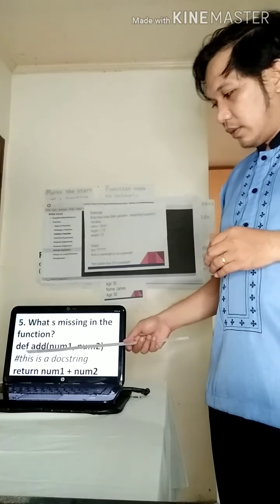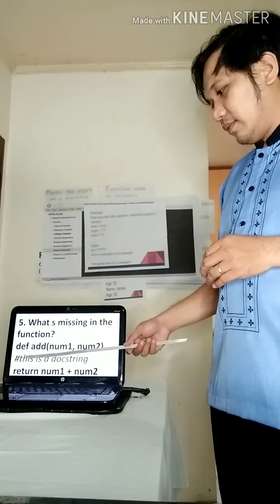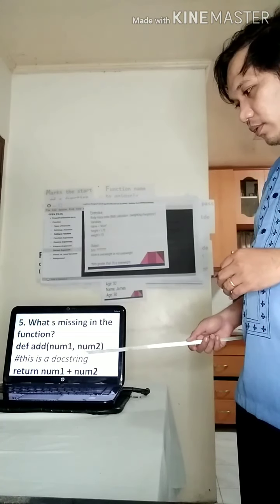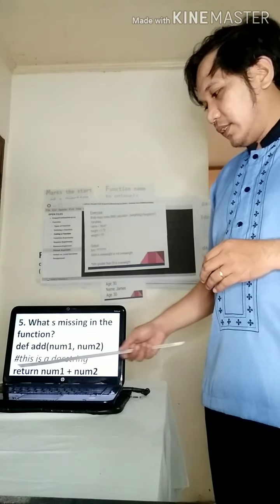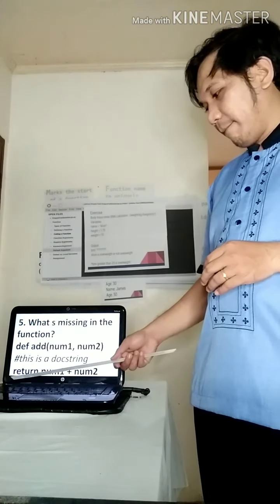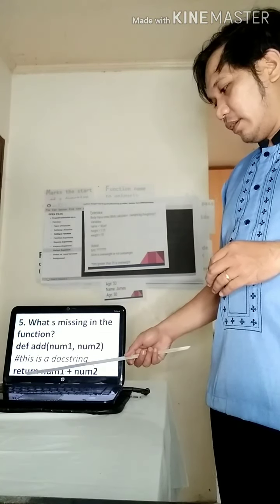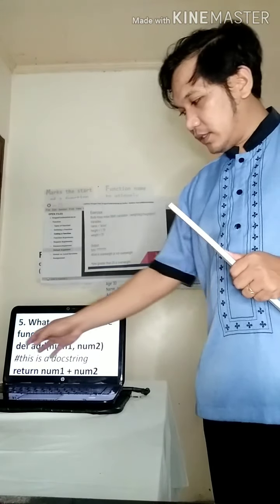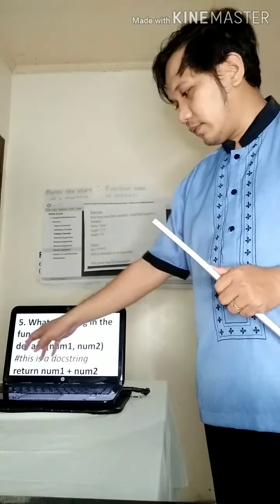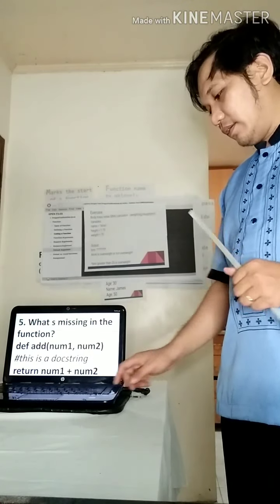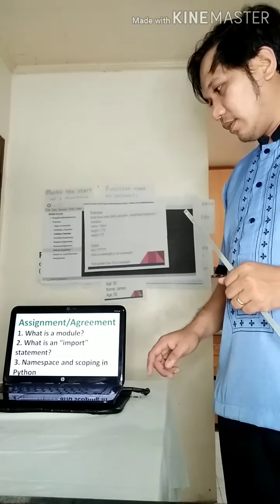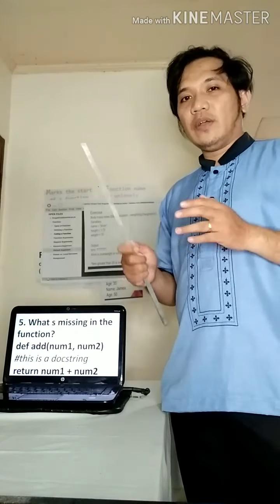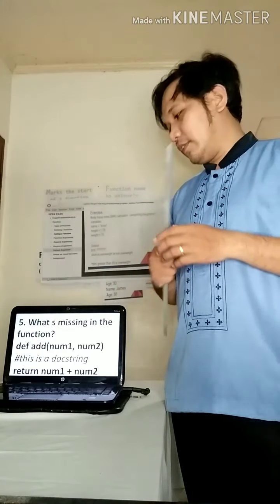Def add, arguments num1, num2, and then a docstring, and then return num1 plus num2. What is missing in this function? Okay, are we all done with the quiz? Pass your papers forward.